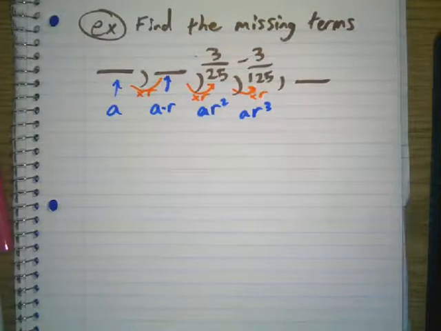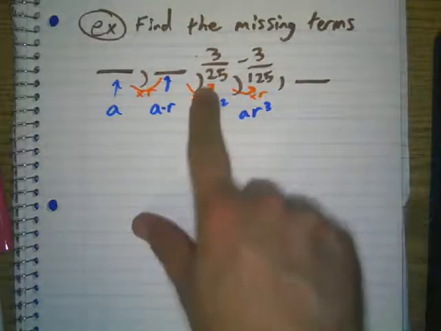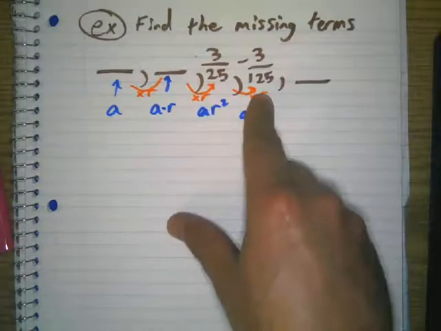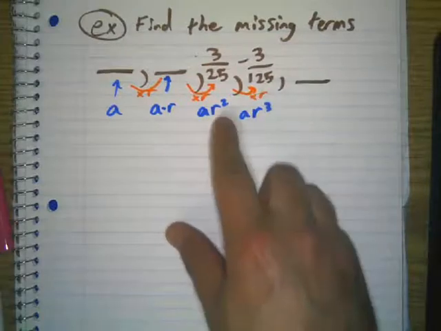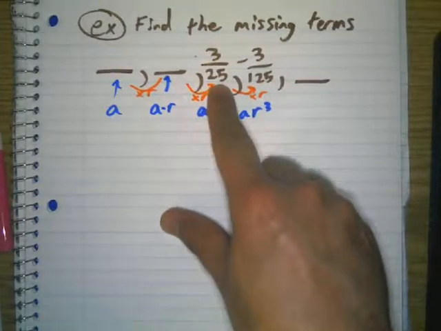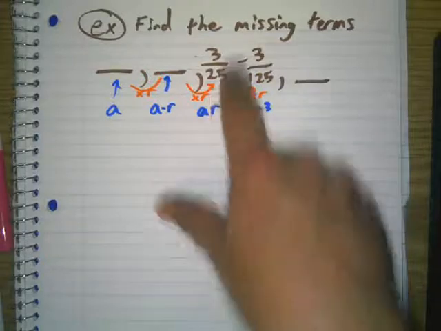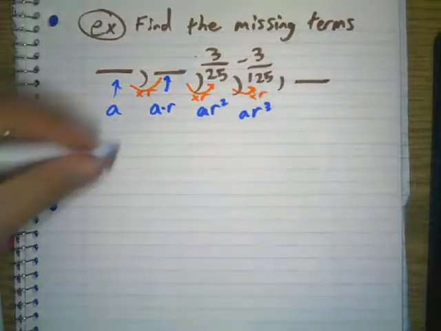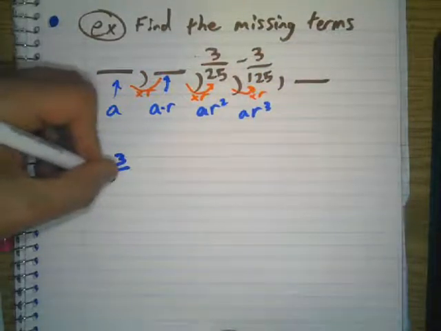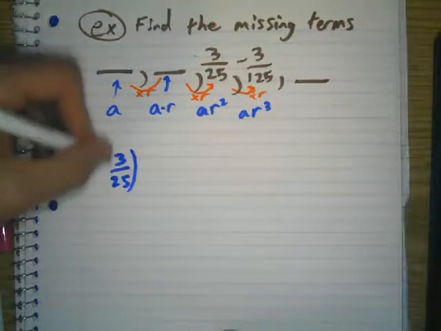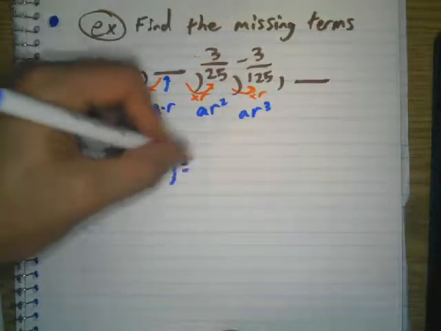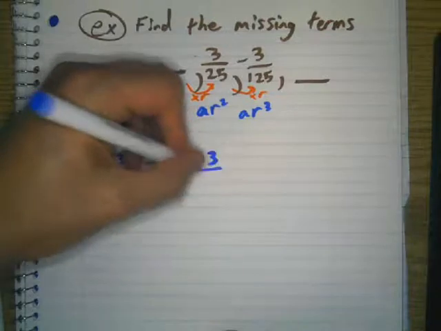Okay, so now let's think about this. If to get to the next one, I multiplied by R, well, what did I multiply this by in order to get negative 3 over 125?